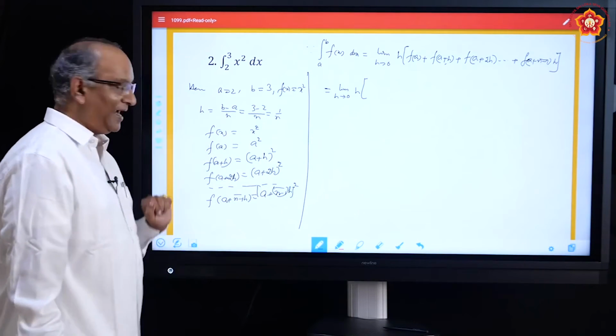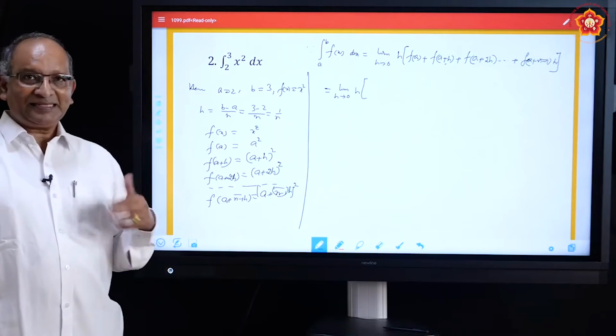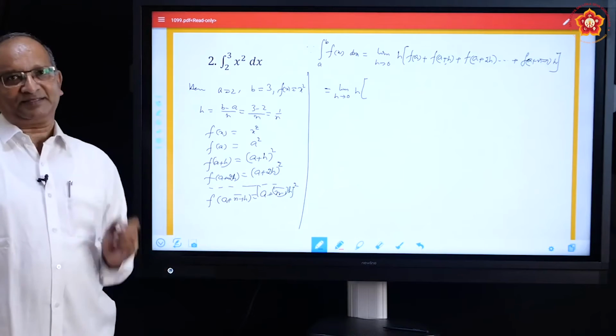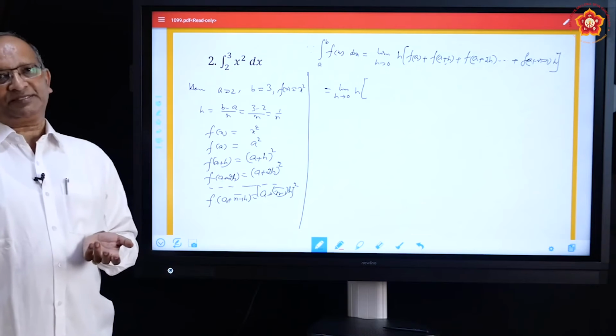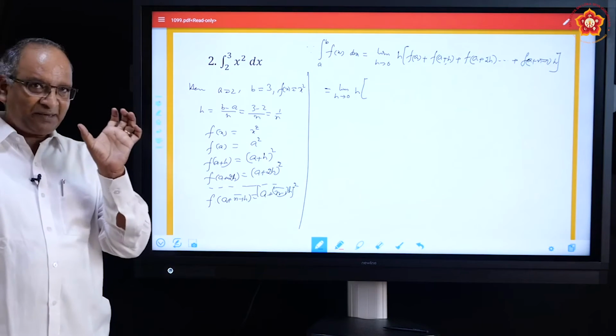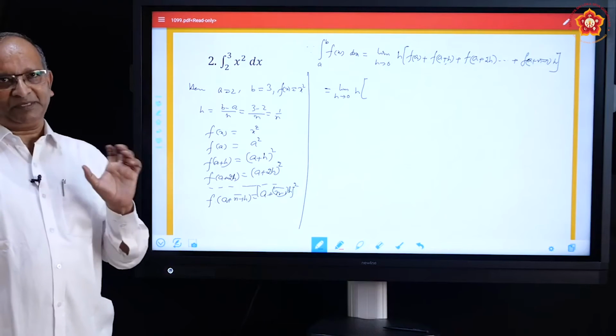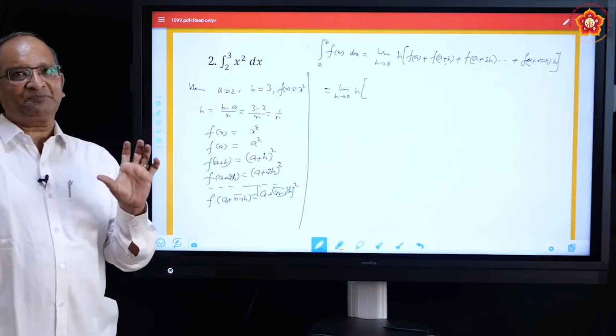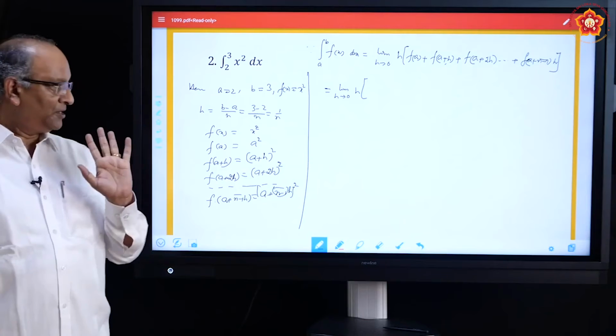Now we want to add. If you remember, last time we added column wise. Now also you can do the same thing, but remember there are squares. So in every step you have to use the square formula, a plus b whole square, which has 3 terms.